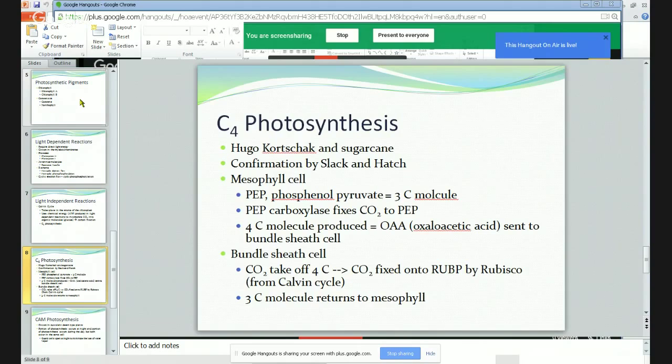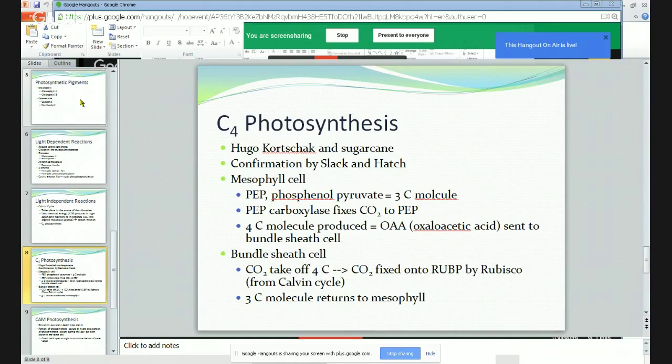So a guy named Hugo Kortschak figured this out by studying the sugarcane plant, and he was the one to really figure out that there was this other step that was occurring with certain plants, in these C4 plants, before they would go through the Calvin cycle.